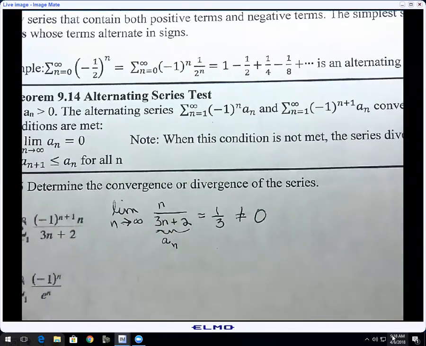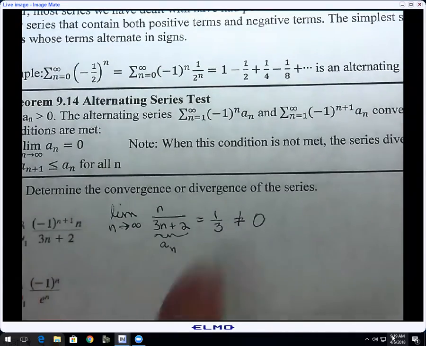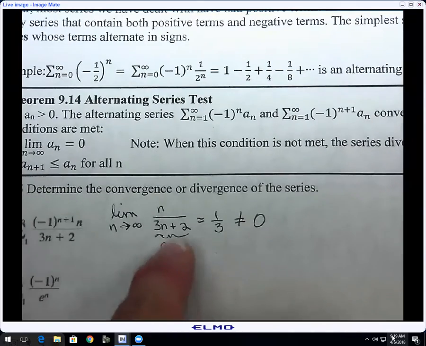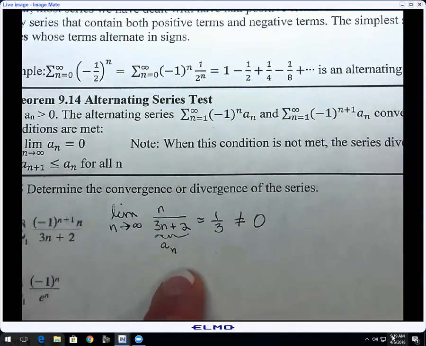What does that tell us? That tells us actually not only that this diverges, but just by the nth term test, it's telling us this one diverges also.